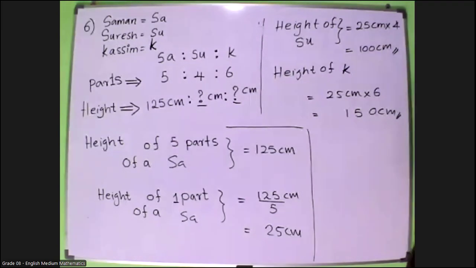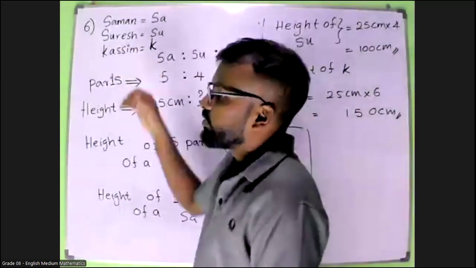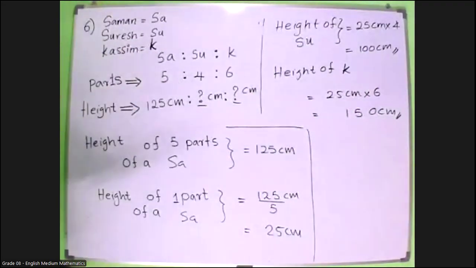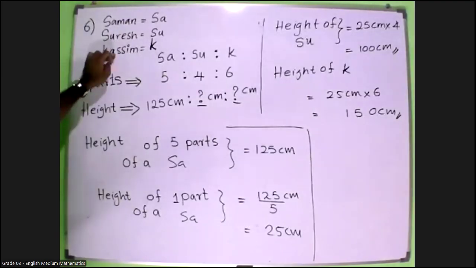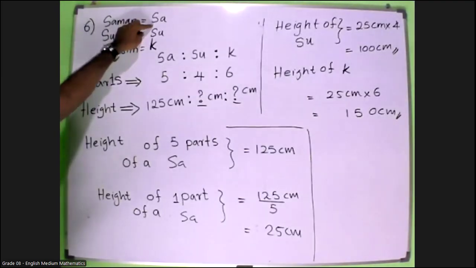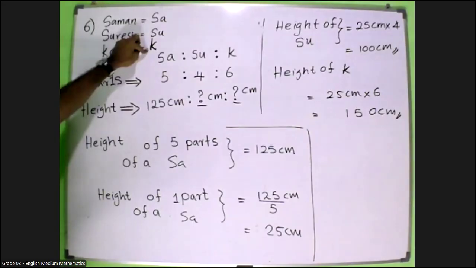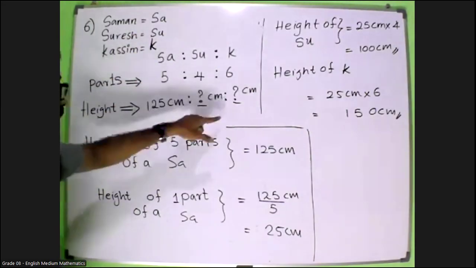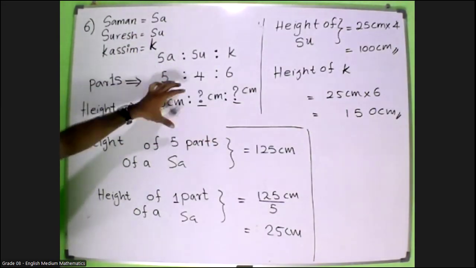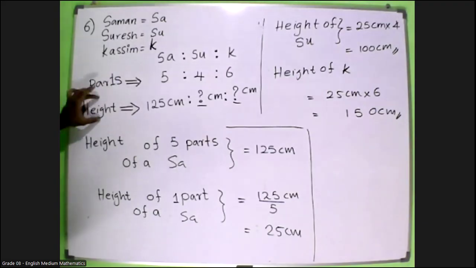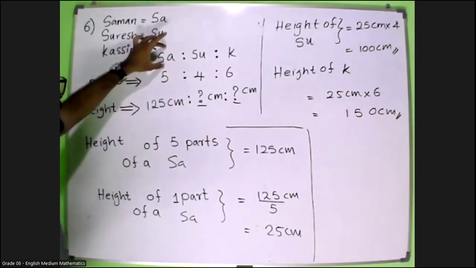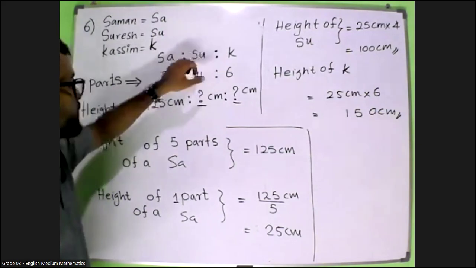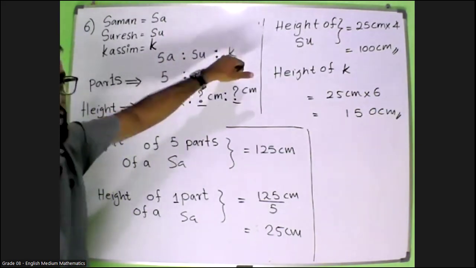One more time I will explain this one. In the question they are saying Saman, Suresh, Kasim, there are three friends. For my reference, I have called them Sa, Su, and K. So this is my model. I have put it into the model. Parts and height have been given, and Sa to Su to K. Saman to Suresh to Kasim.